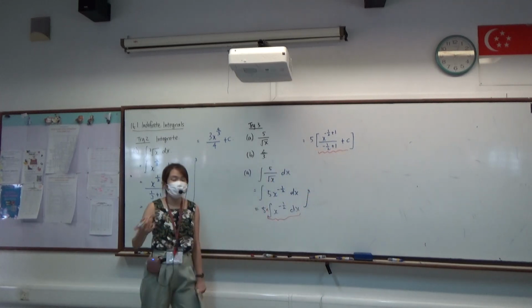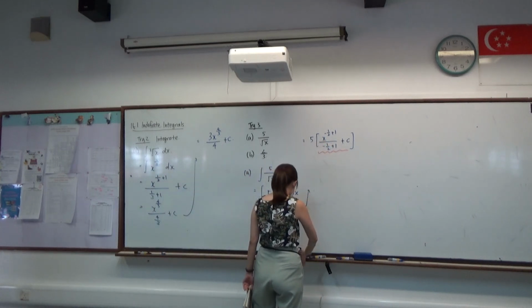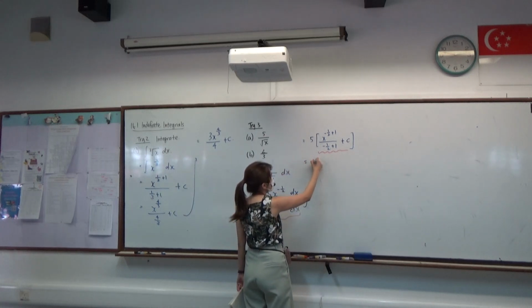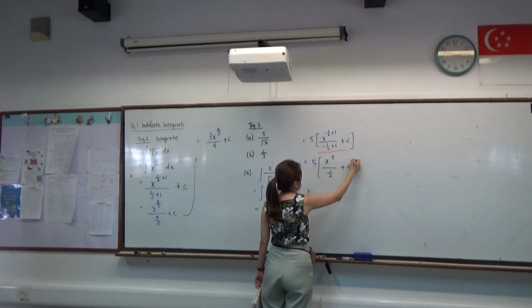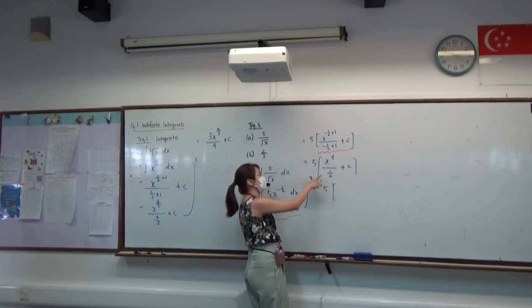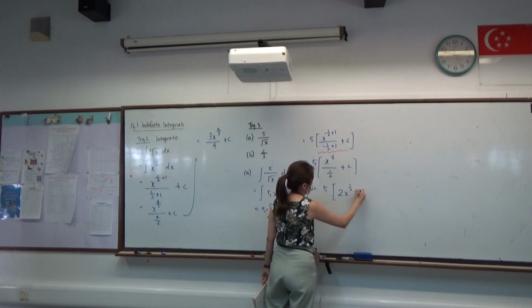Of course, if you are more skilled in it already, you need not go about doing the plus 1 thing. You could do your mental calculation or press it into your calculator. So we are looking at 5 x to the power of half over half plus c. So 5 to the power of half over half will become 2x to the power of half plus c.